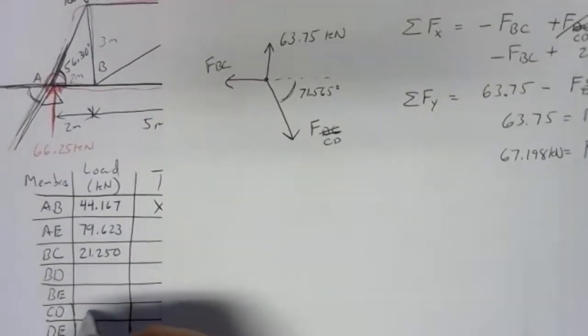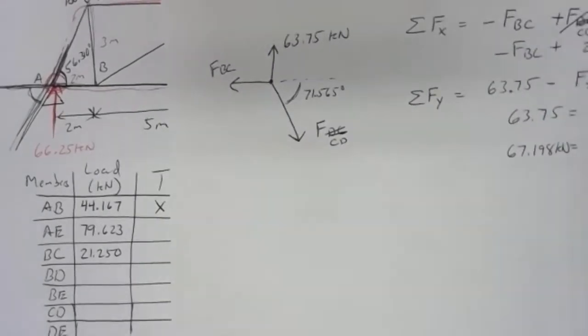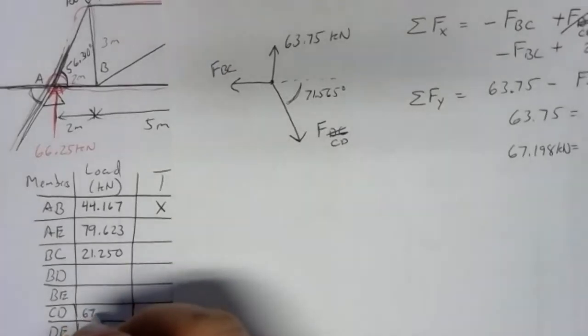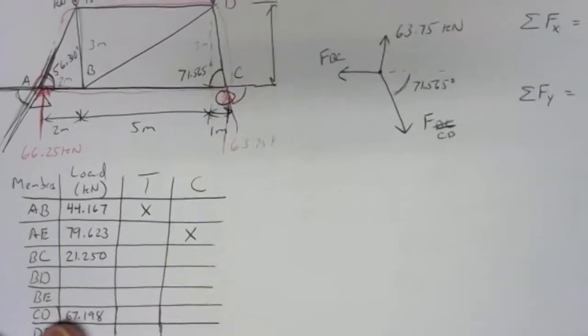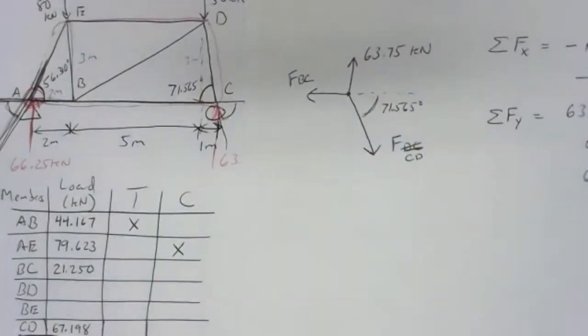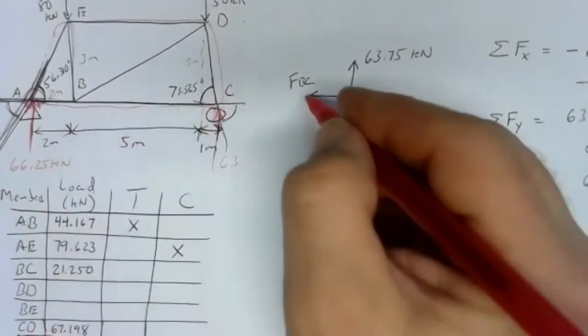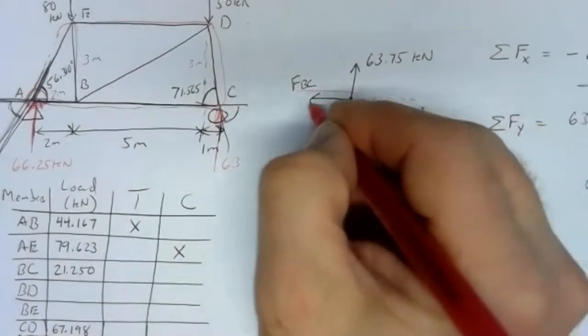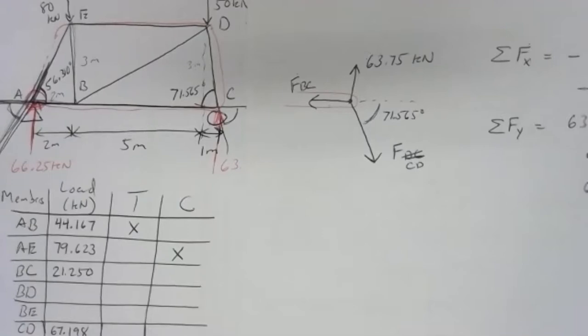And member CD carries a load of 67.198 kilonewtons. We still have to figure out tension and compression though. So let's draw in the members. At joint C, we have member BC to the left of joint C. So member BC is pulling on the joint. It's trying to bring joints B and C together.